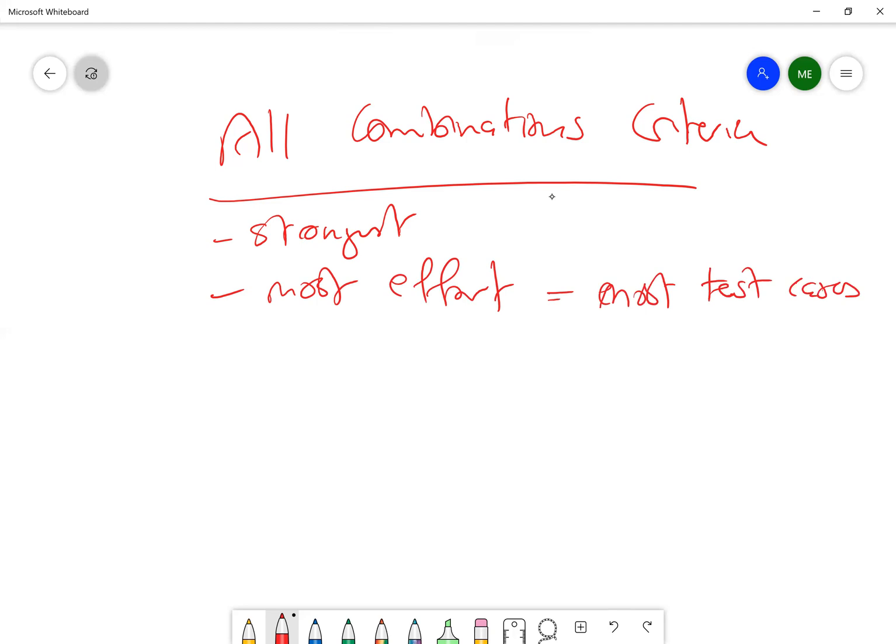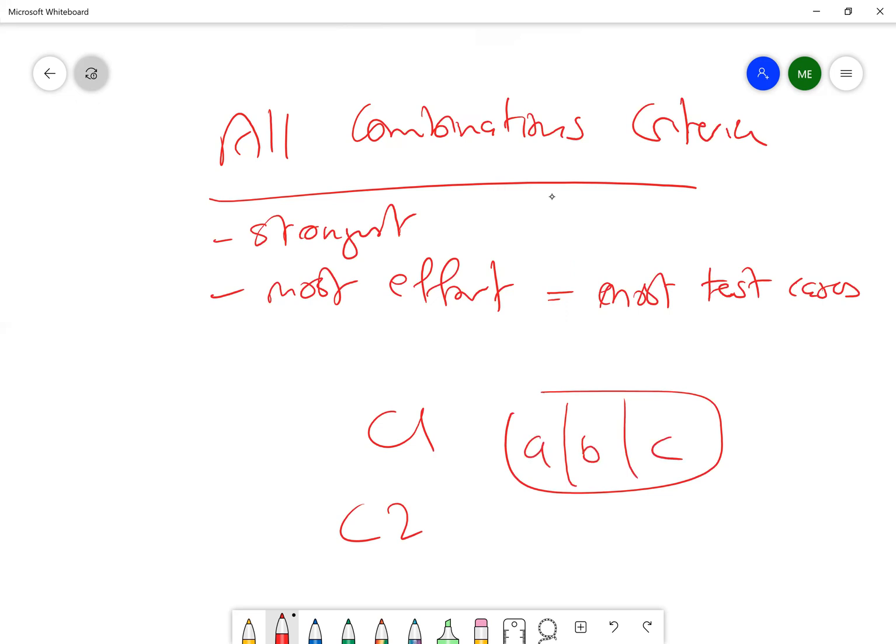Okay. So maybe I'll decide I'll have something that is a little simpler. Back when I had characteristic 1 and characteristic 2, I have A, B, C. Characteristic 2 was 1, 2, 3. Let's just say I'm going to create a different, simpler criteria.